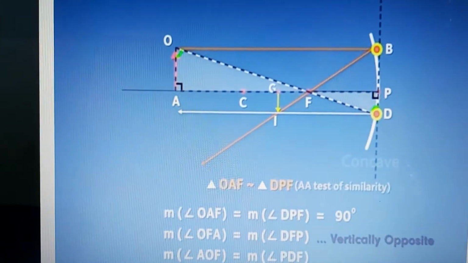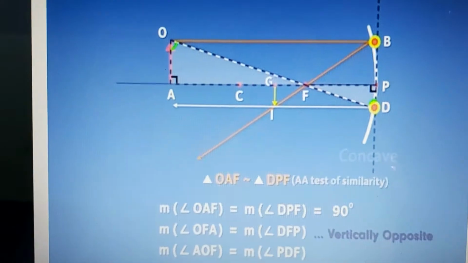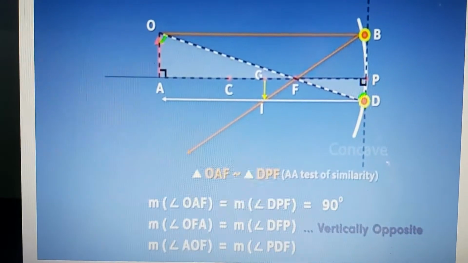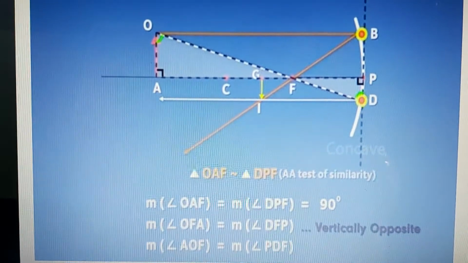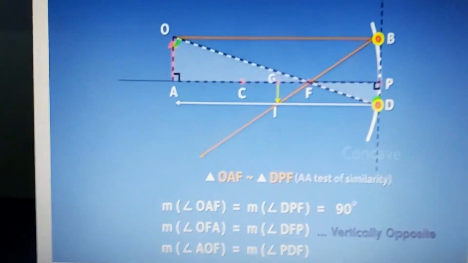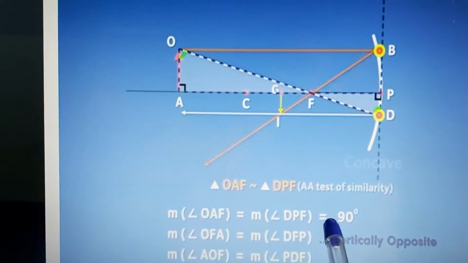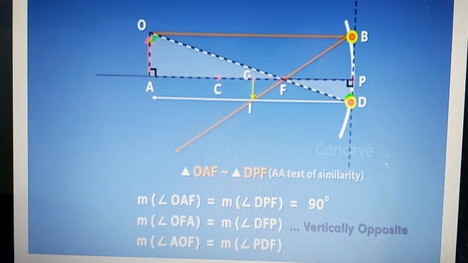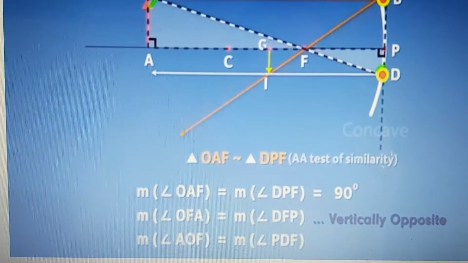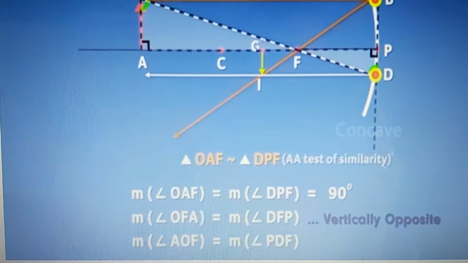Finally, we prove that the triangles OAF and DPF are similar, with angle OAF equal to angle DPF, by the double A or triple A test of similarity.